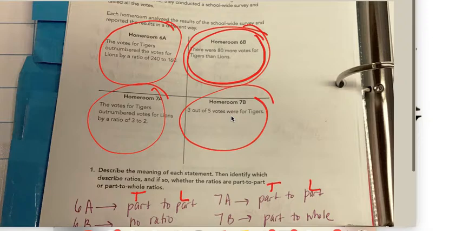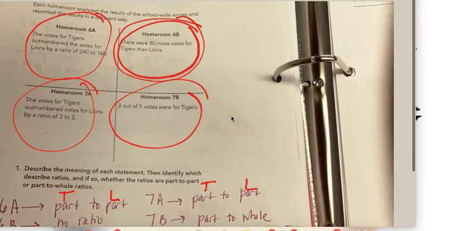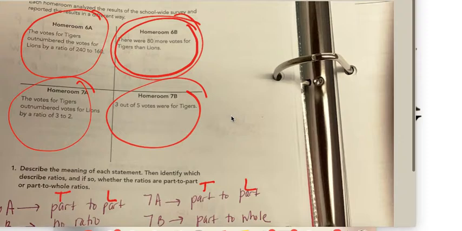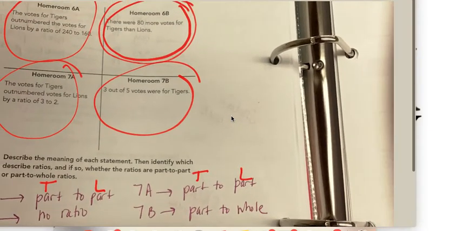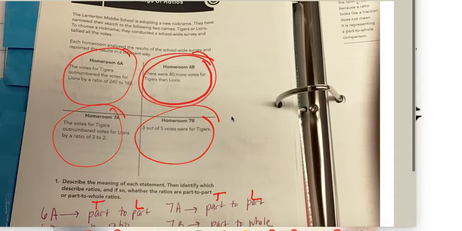We just know that there's 80 more. In homeroom 7A, the votes for tigers outnumbered the votes for lions with a ratio of 3 to 2. So again, that was a part to part ratio. And then homeroom 7B said 3 out of 5 were tigers. That was a part to whole because we know 2 must be lions, which would be the other part. Anyway, so that was part of the practice pages.